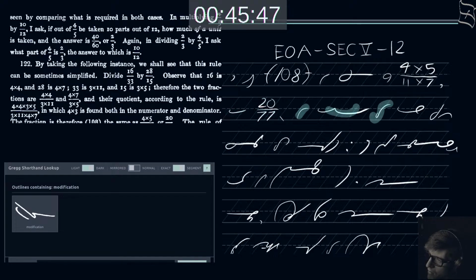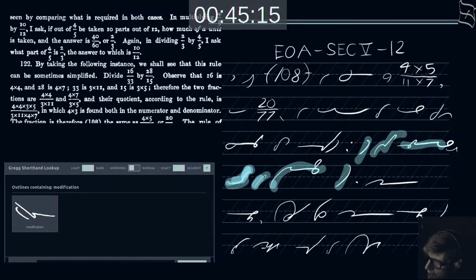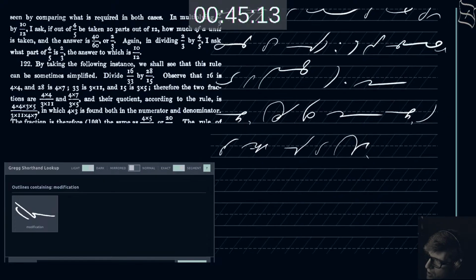The rule of the last article admits of this modification if the two numerators or the two denominators have a common measure.